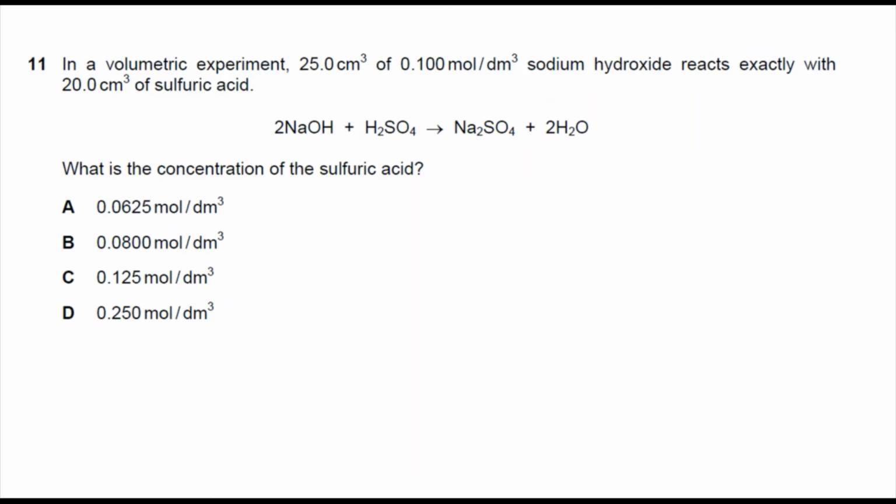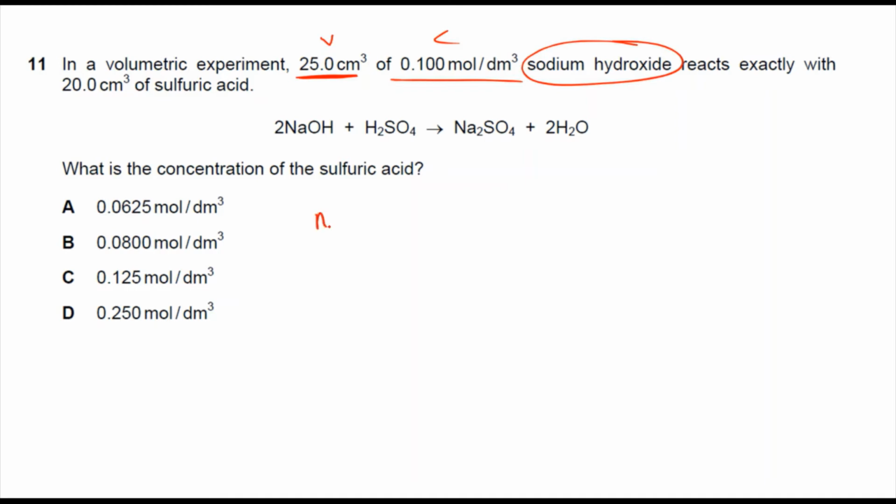Remember, the first thing you want to do in a question for moles is to figure out the moles of one of the substances or compounds involved. In here I've been given the volume and the concentration of sodium hydroxide. Well, I can calculate the moles, can I not?